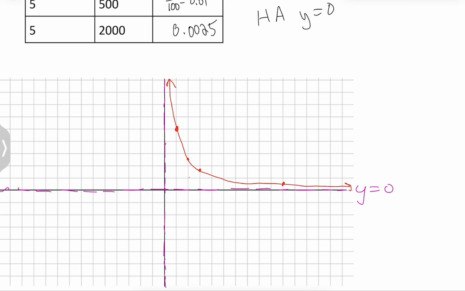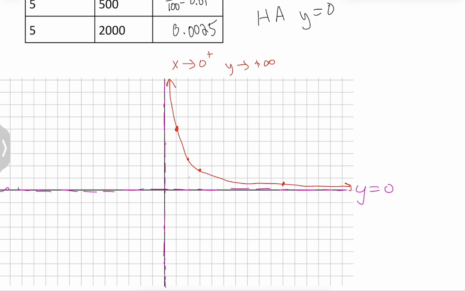So we would say, as we approach 0 from the right, think of the positive side of 0, to the right of 0, our y is heading to positive infinity. Now, that is the real life values of this graph.